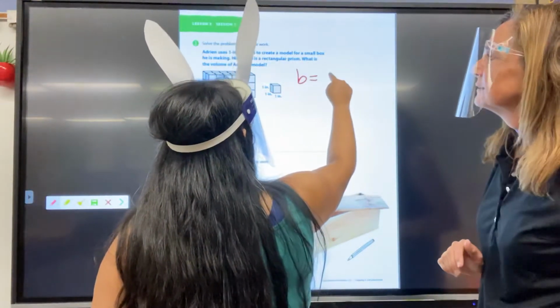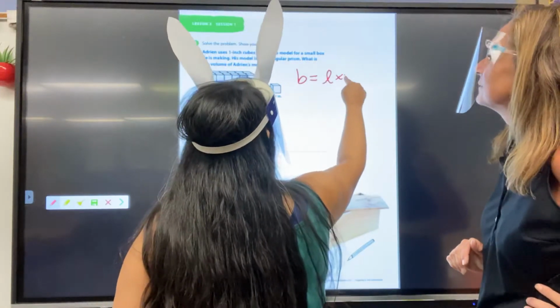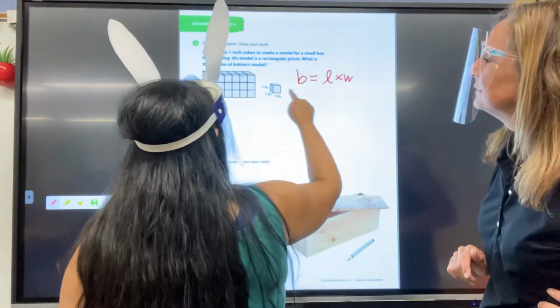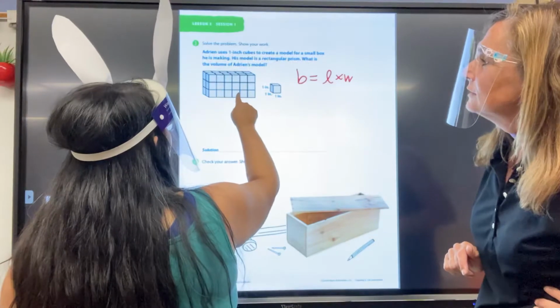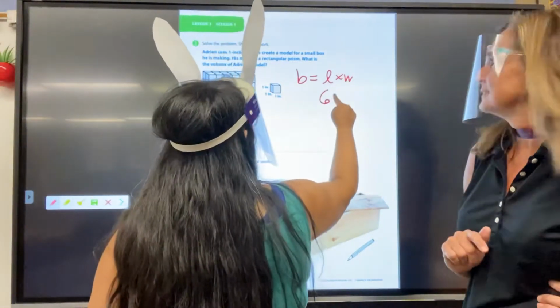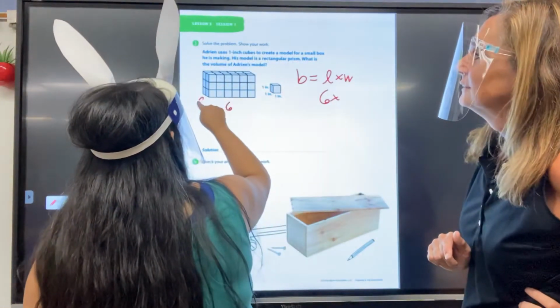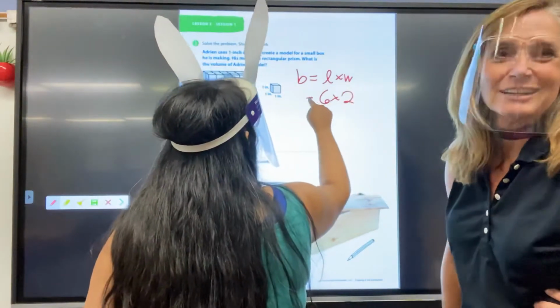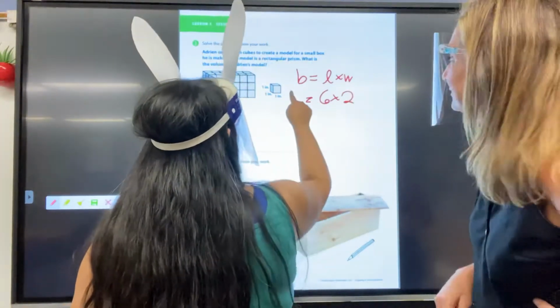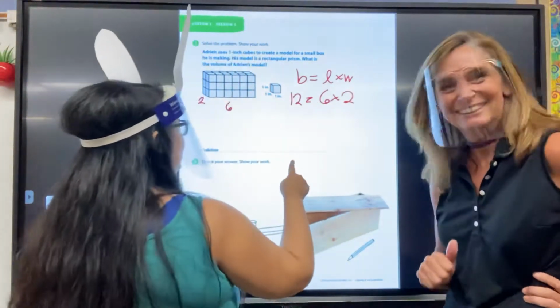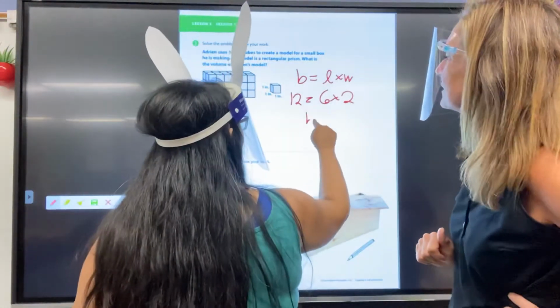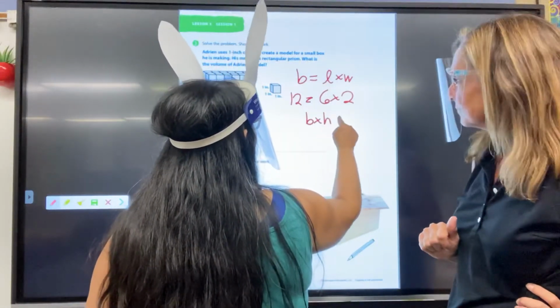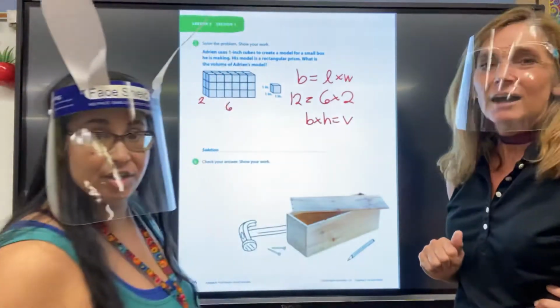So my base is the length times the width, which would be 1, 2, 3, 4, 5, 6. Nice. Times 2. Oh, guess what we found again? Her room number, huh? 12 is the base. And then I could do base times height equals volume. Awesome.